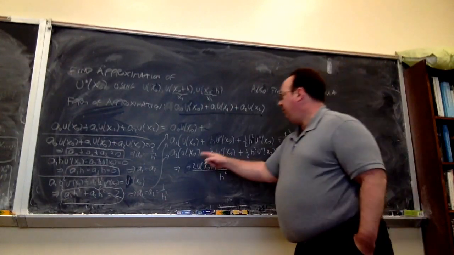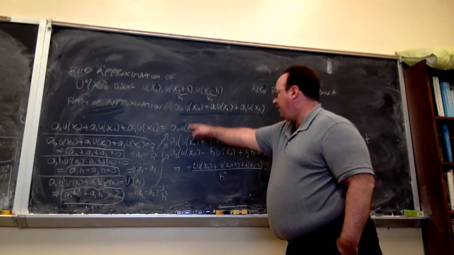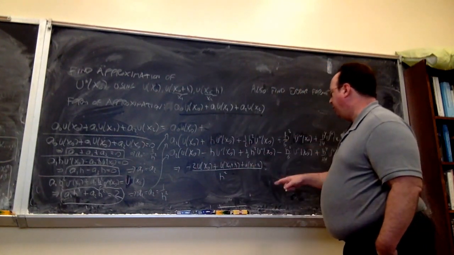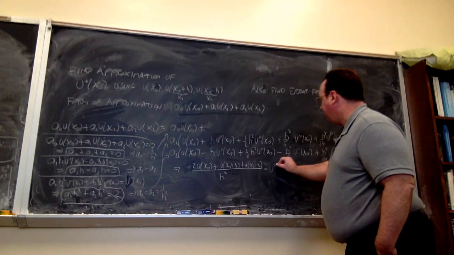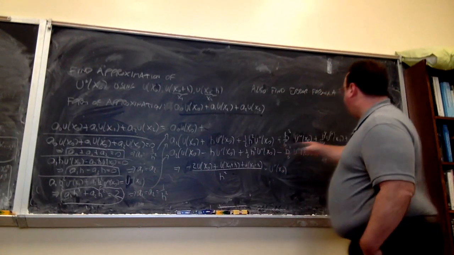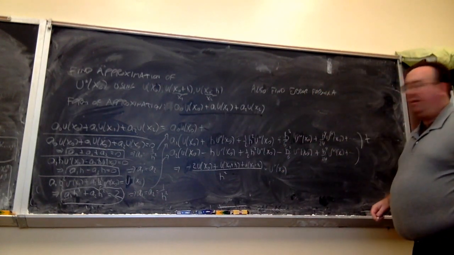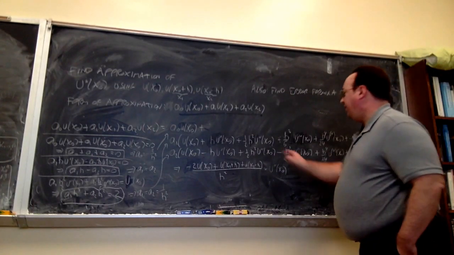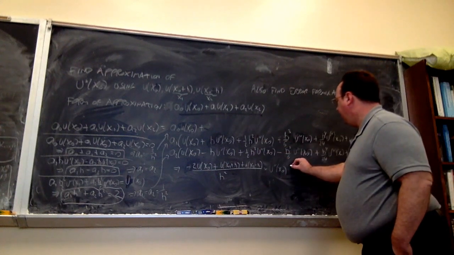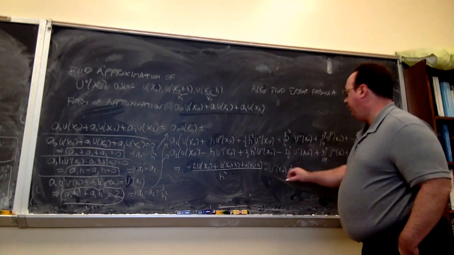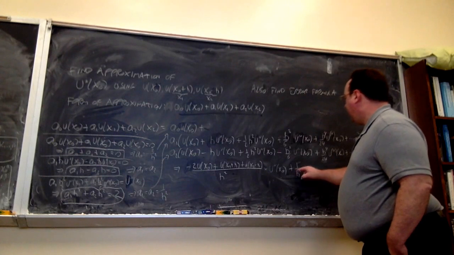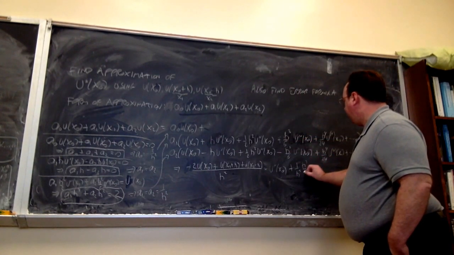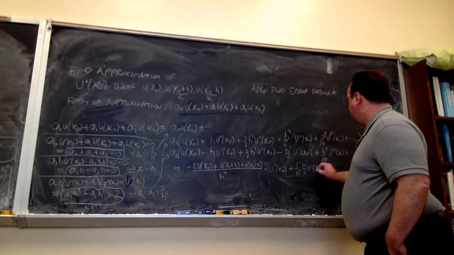And then over here, well, these coefficients were designed to make all of these terms go away. These go away. And then the coefficients of this end up becoming 1. So these give me u double prime of x naught. But now I can look at these other terms to get the error. So not knowing what my order of accuracy is, I have plus a1, which is 1 over h squared, times this term right here, h cubed over 6 u triple prime.